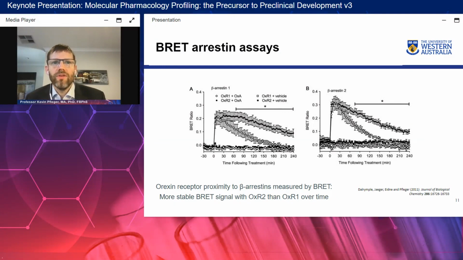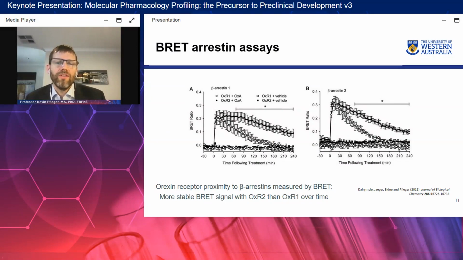Looking at arrestin assays here with the orexin receptors 1 and 2, this illustrates that you can look at kinetics. If you were to just look at these experiments after about a quarter of an hour, they would look very similar. However, if you run the experiment for 240 minutes, you can see there's a distinct difference in the profiles.